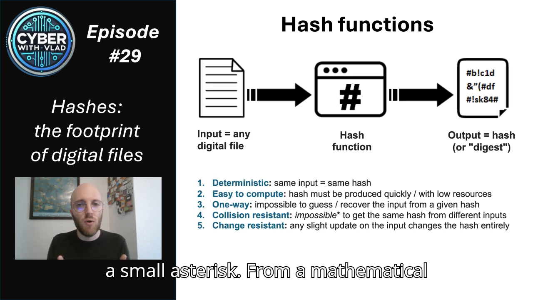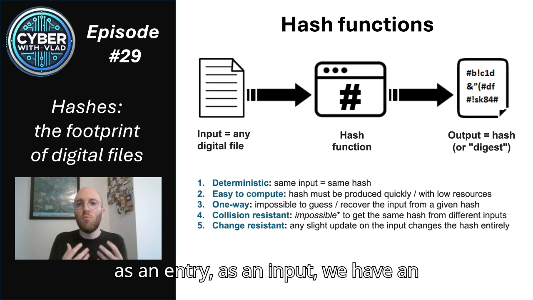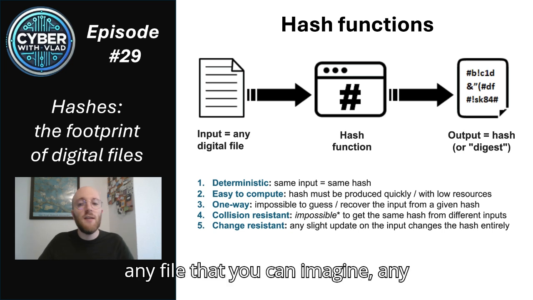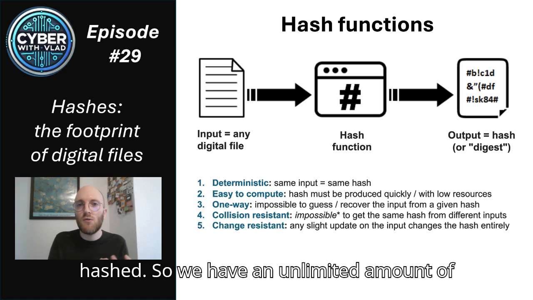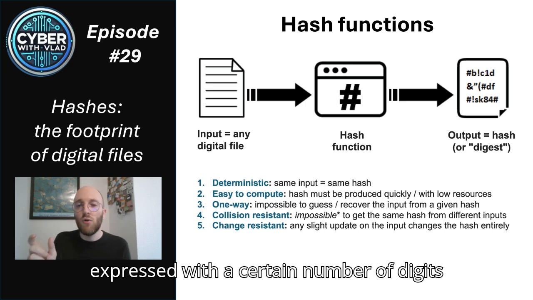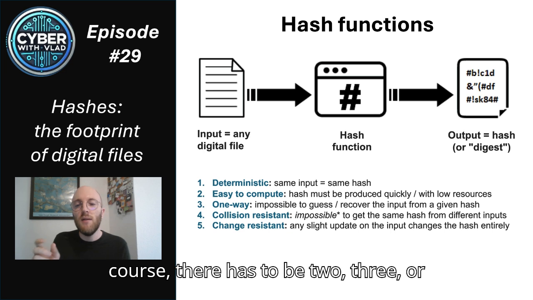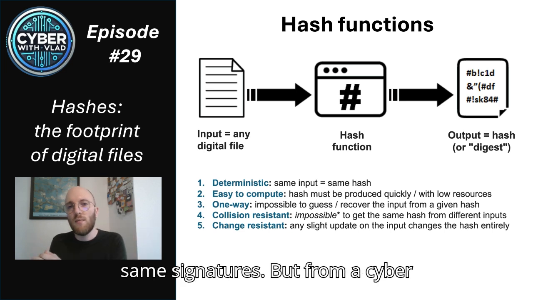From a mathematical perspective, it is possible because as an input, we have an unlimited number of files. Any element that you can imagine can be hashed. So we have an unlimited amount of documents that in the end are only expressed with a certain number of digits or a certain number of characters. So of course there has to be two, three, or even more documents that end up with the same signatures.